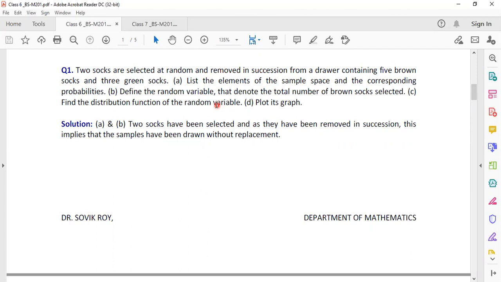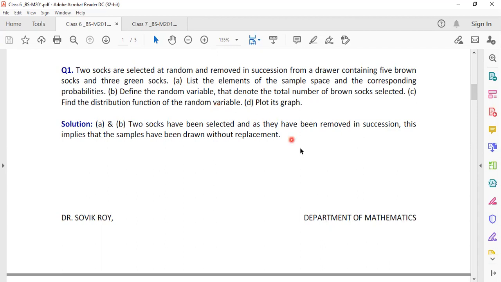And when nothing is mentioned about the drawing of the sample, then we'll always consider that the drawing has been done without replacement. If the drawing is done with replacement, then that will be mentioned in the question. So here we are supposing that the drawing has been done without replacement.